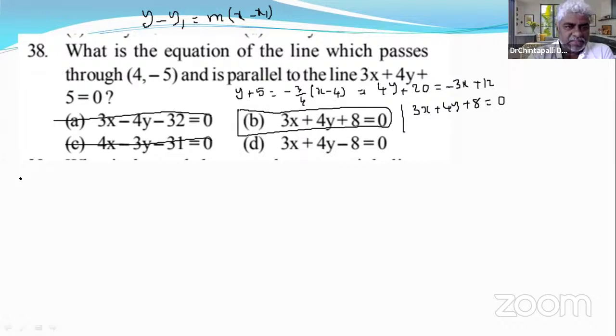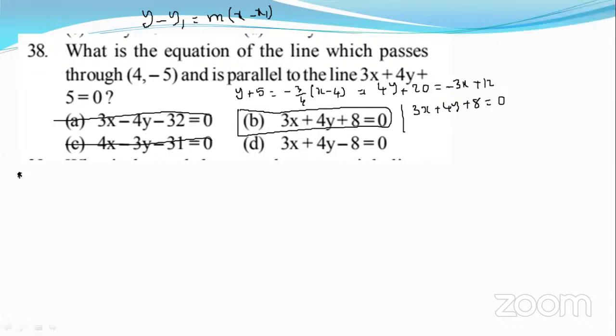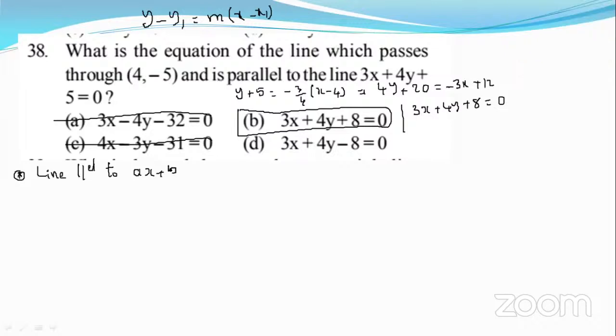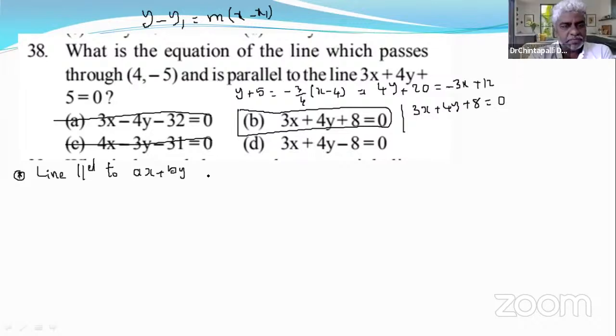I'm telling two points. The line parallel to ax plus by plus c is equal to 0 is ax plus by plus some constant k is equal to 0.